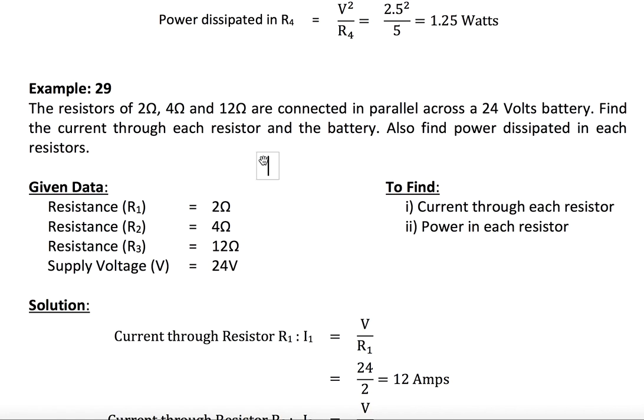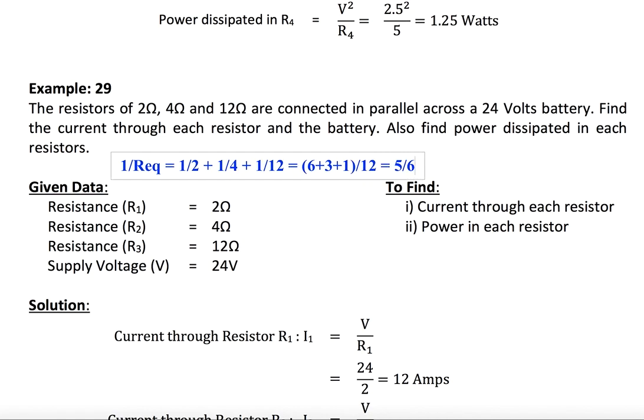1 by R equivalent equal to 1 by 2 plus 1 by 4 plus 1 by 12. So take 12 as LCM. For 2 it is 6, for 4 it is 3, for 12 it is 1. Okay, 10 by 12. 10 by 12 is nothing but 5 by 6.